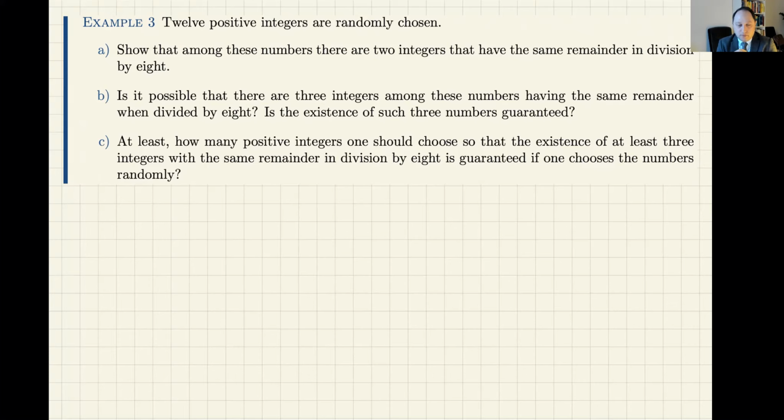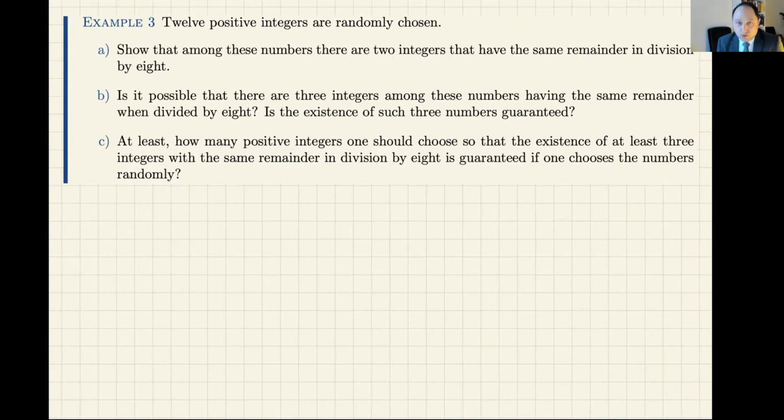And if we say that the outcomes are the pigeonholes and the 12 positive integers are the pigeons. Exactly. Thank you. So that is the whole point. Hopefully everybody understood, yes?